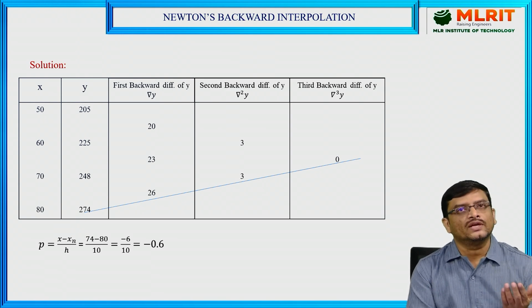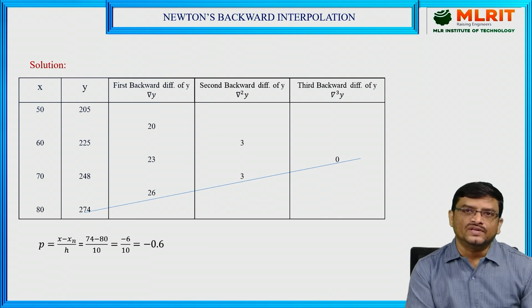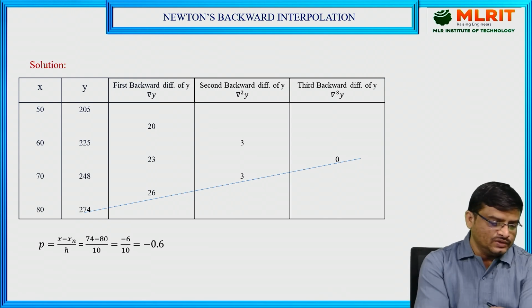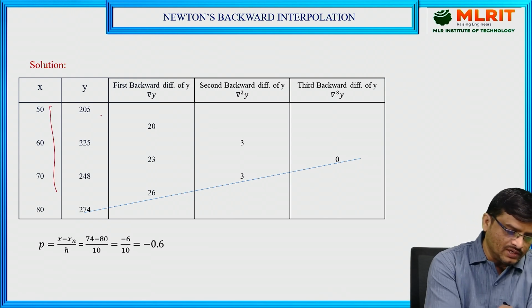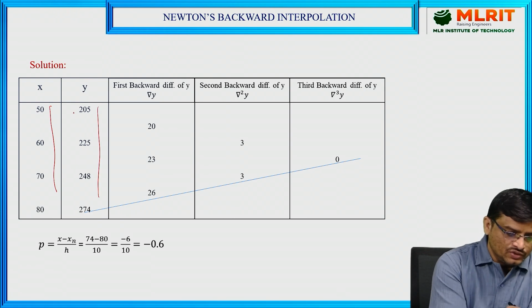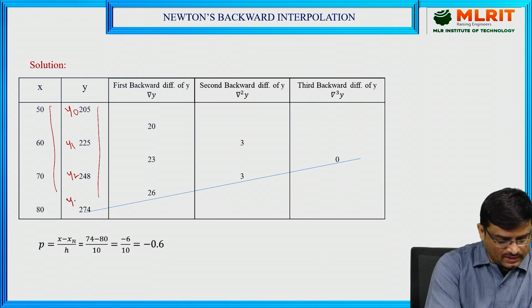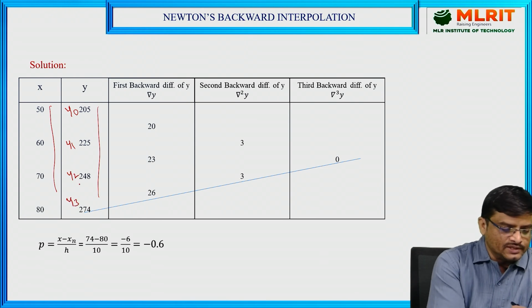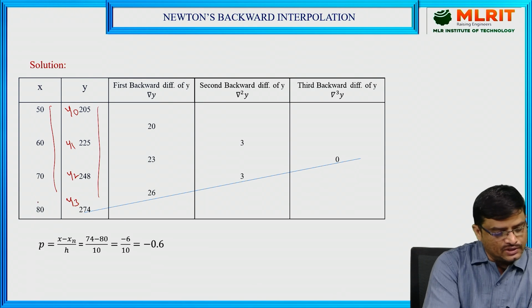Before taking that standard formula, first we have to construct the backward difference table for the given data. These are the x values, and these are the y values he has given. In general, these y values can be represented with y0, y1, y2 and y3, and the corresponding x values are x0, x1, x2, x3.